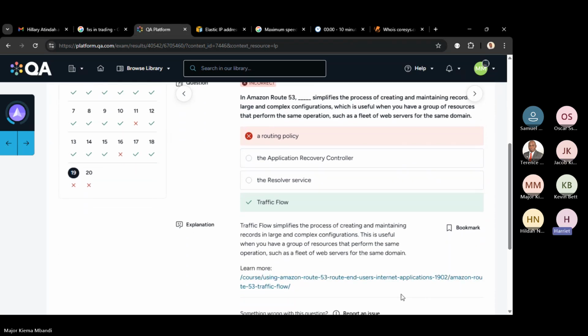The correct answer is traffic flow. Traffic flow simplifies the process of creating and maintaining records in large and complex configurations.